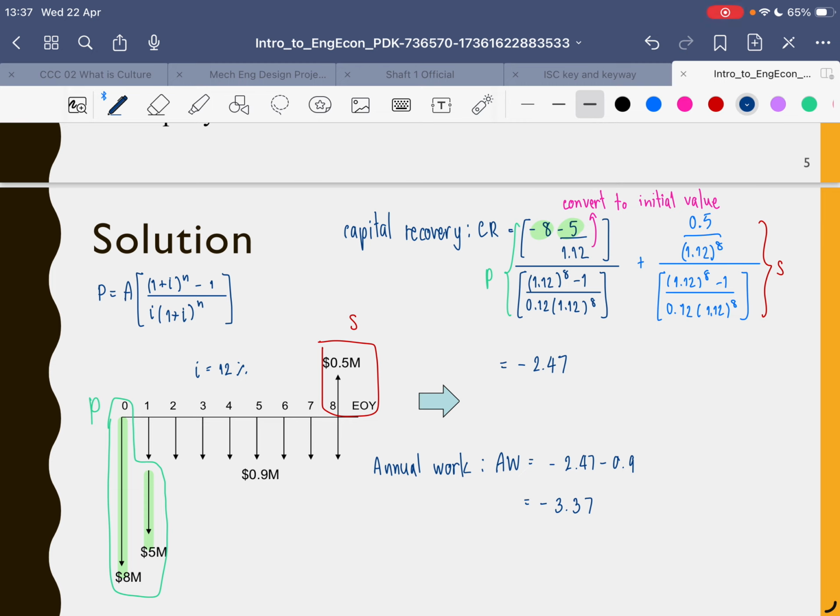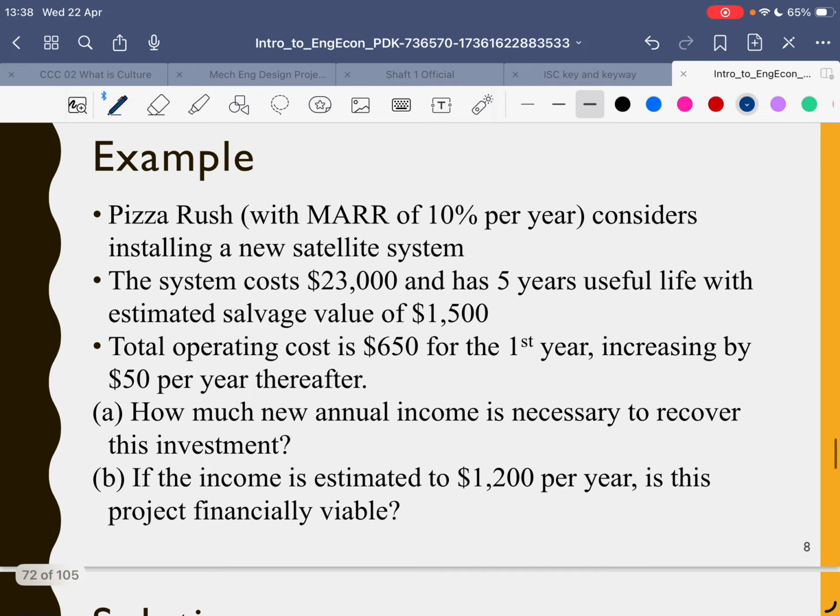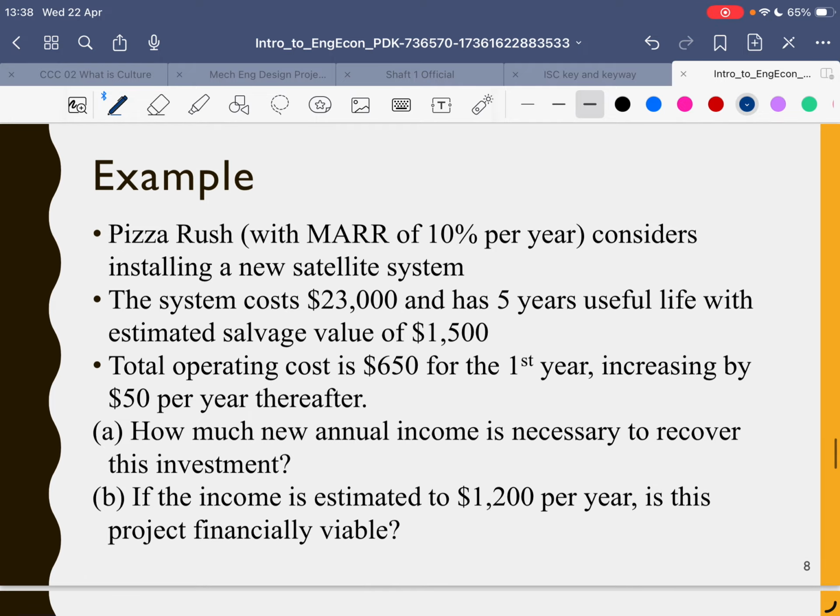Okay, I will have another 2 examples of annual worth analysis, and then I will wrap up the section on annual worth analysis and go to another section on initial rate of return. The example of Pizza Ranch will not be covered.